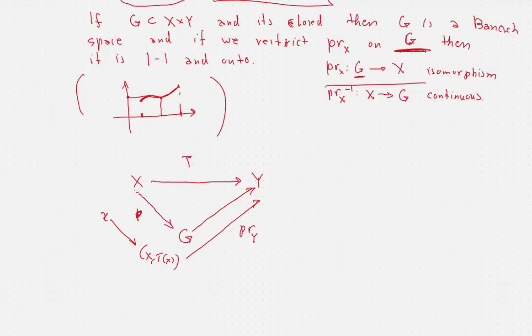So this map from X to G is an isomorphism. Why? Because the map from X to G is continuous. Why? Because it is really the inverse map of the projection from G to X, which has a continuous inverse thanks to the open mapping theorem. And then it's composed with the projection onto Y, which is a continuous map.